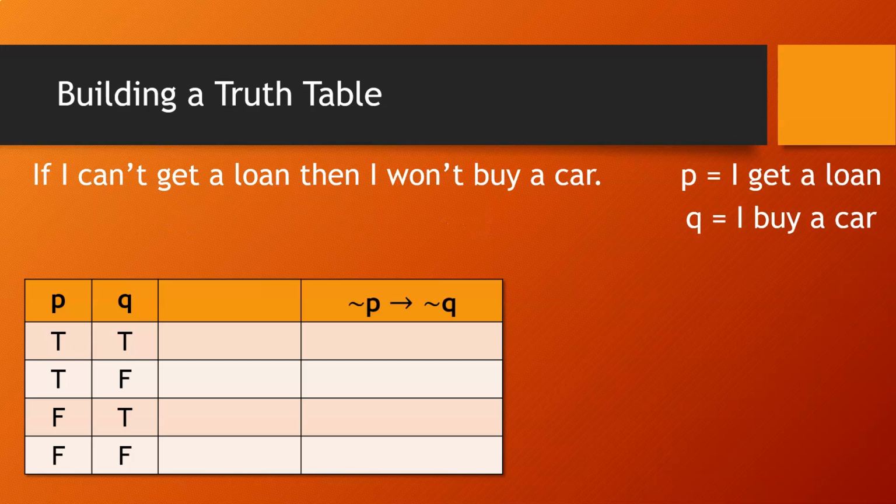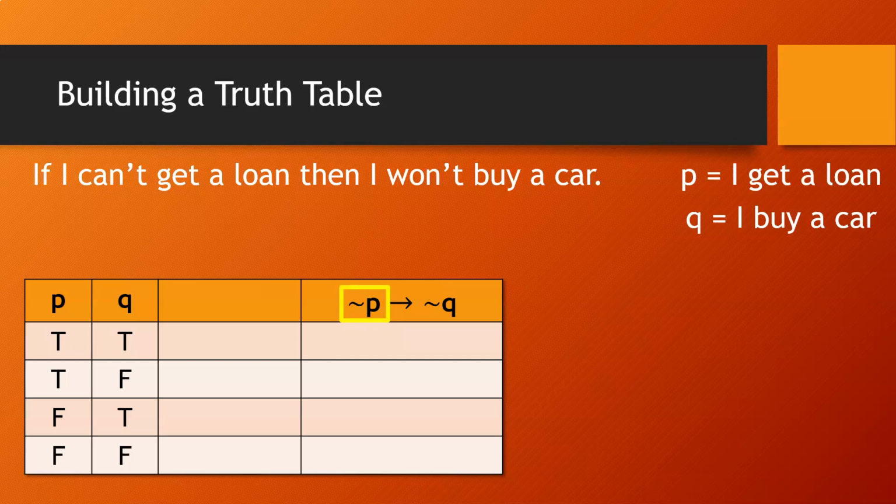The last column in our truth table will show the symbolic representation of our sentence. Now what we need to do is come up with some columns in between to show the parts that we put together to make that final statement.